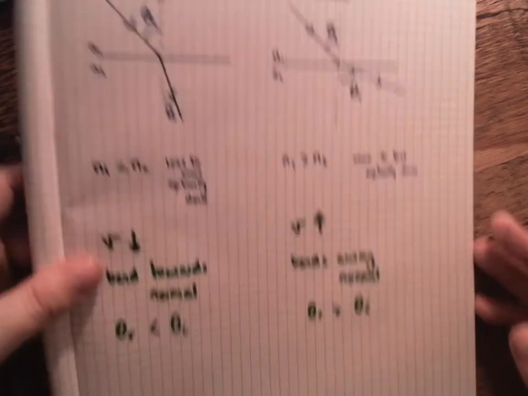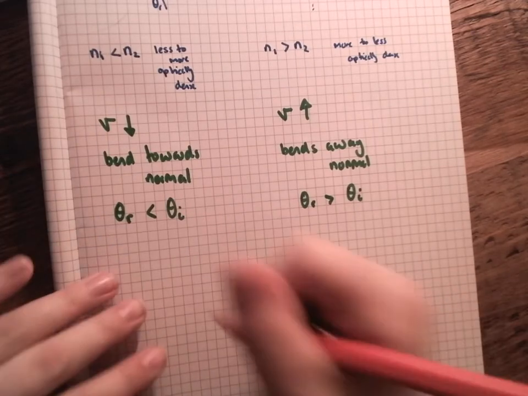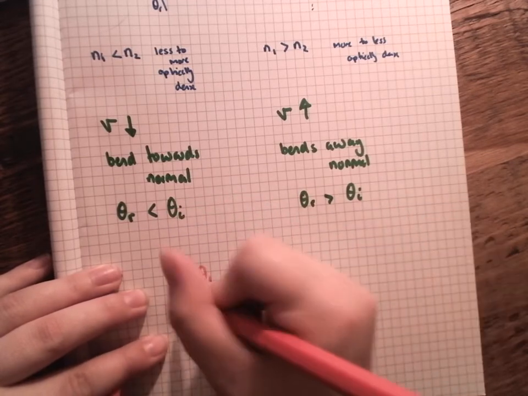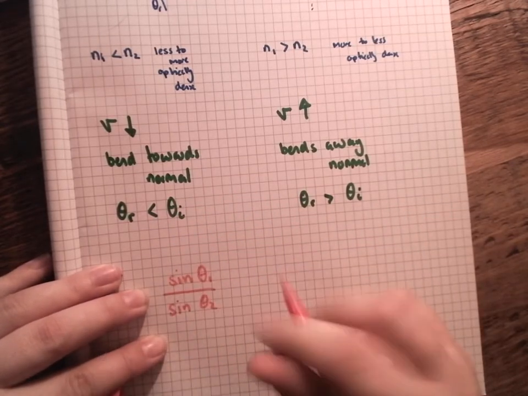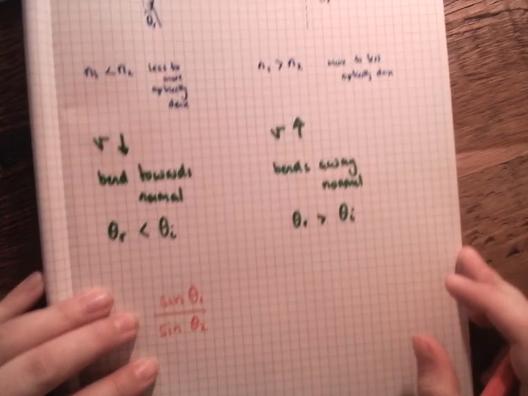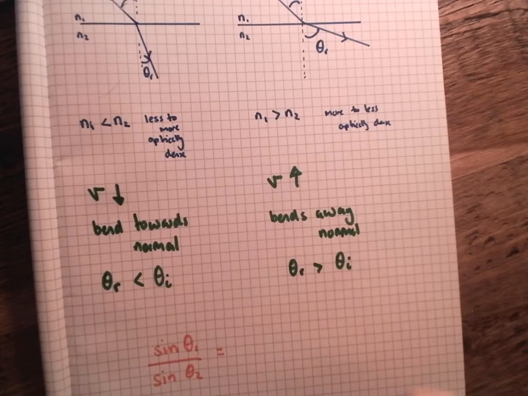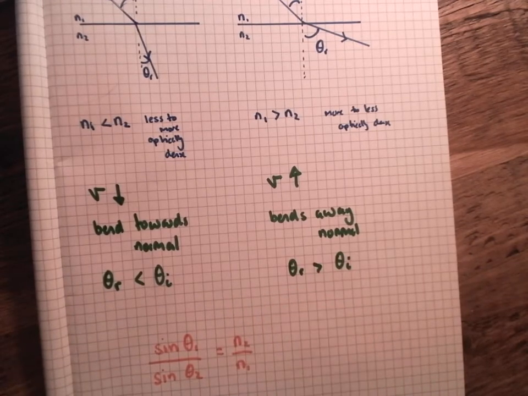So Snell's law is given by the equation sine theta 1 divided by sine theta 2. Now 1 and 2 just correspond to the different mediums, so medium 1 and medium 2. They are equal to the refractive index of 2 divided by the refractive index of 1.